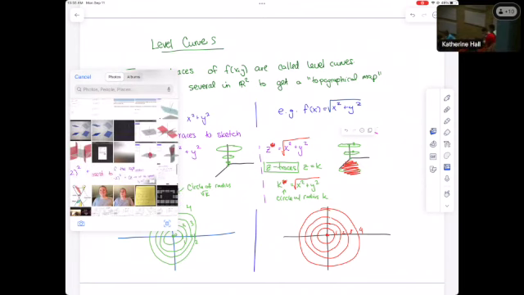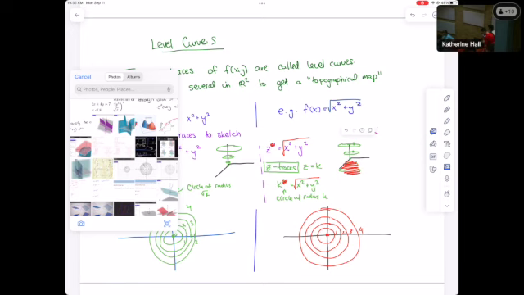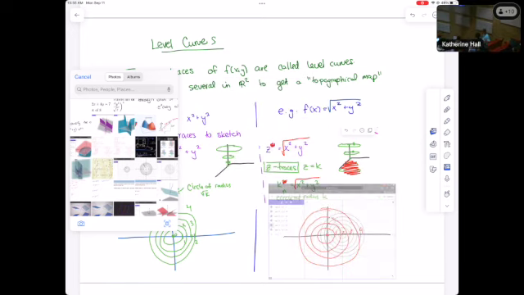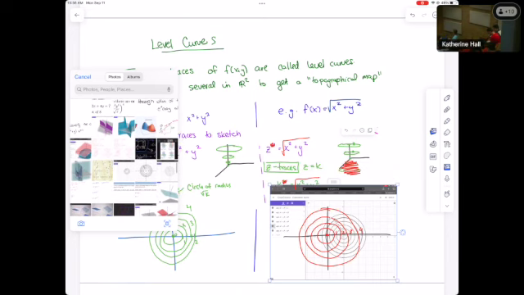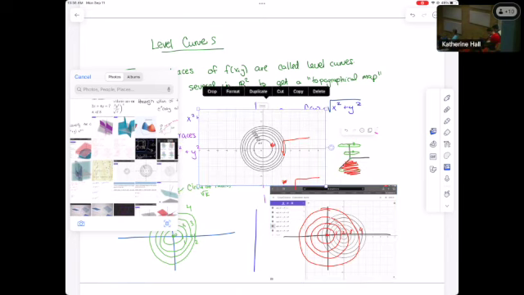Where did they go? Here we go. This one. And I'll erase the other stuff in a second. This one.